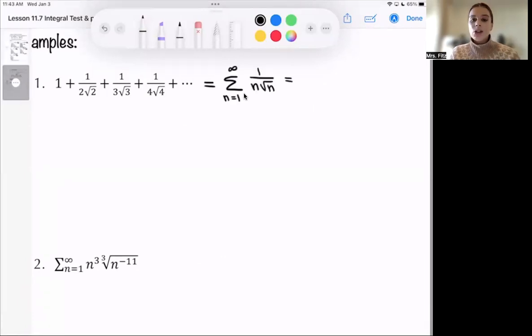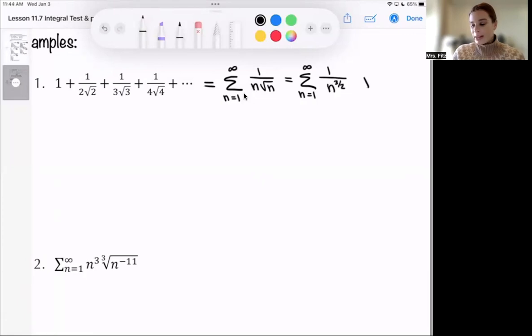Now, let's write this in p-series form. This is the sum from n equals 1 to infinity of 1 over, well, what's n times root n? It would be n to the first times n to the 1/2. We add those exponents, so we get 1 over n to the 3/2.